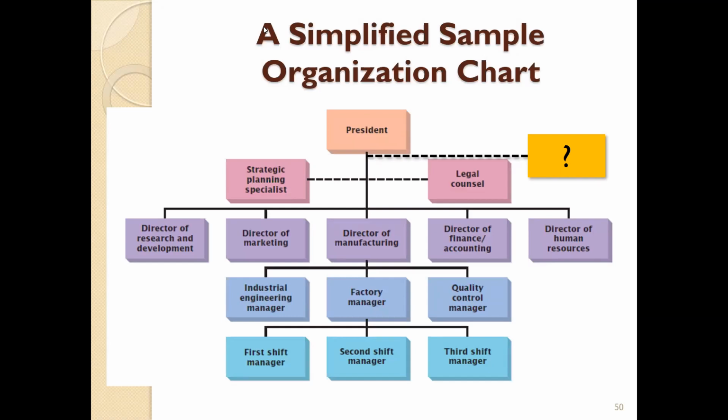The yellow one now with the dot. Why did I put not dots but a question mark? Why did I put a question mark there? Sir, because you want us to figure out who might that be, who might fall directly under the supervision of the president, but is not in any way related to the general operations as it relates to the directors.